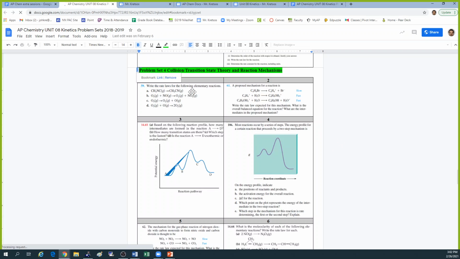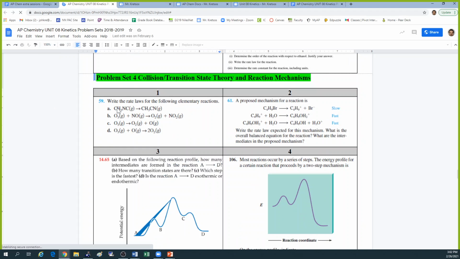So here it's asking you to write rate laws for elementary reactions. The key point is that you put it in terms of the reactants raised to their coefficients. That's all it's asking. So the first one would be rate equals K times this thing to the first power. This is saying here's a mechanism, and then it's asking what rate law would you expect?